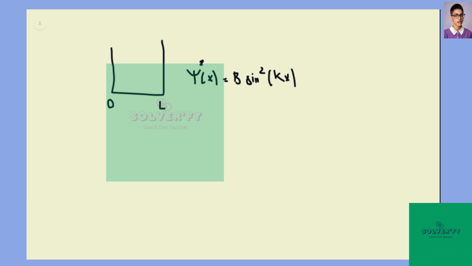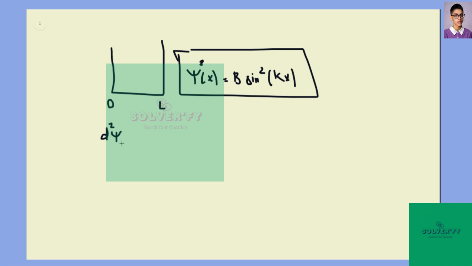Now, given this information, we need to show that the wave function psi can actually be obtained from this equation. Provided we start from this, we can obtain a solution for the Schrodinger equation for this problem. So we'll first write down the Schrodinger equation for this region: d square psi over dx square. We'll notice that there is no potential.